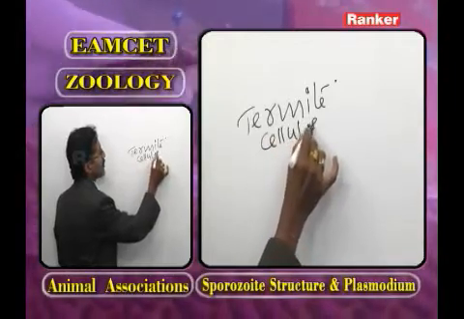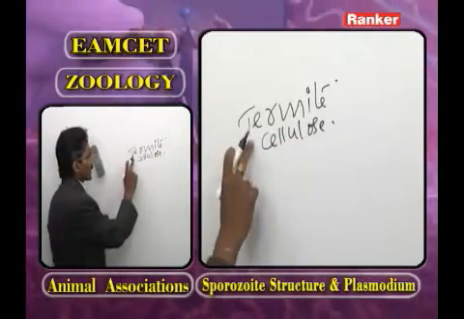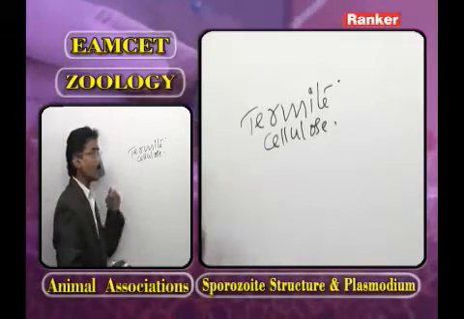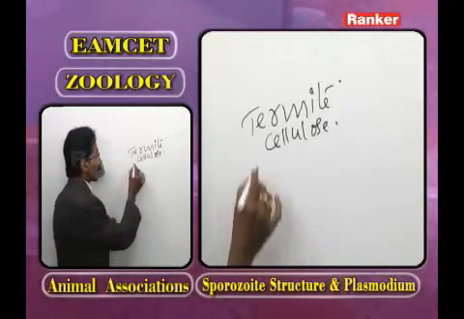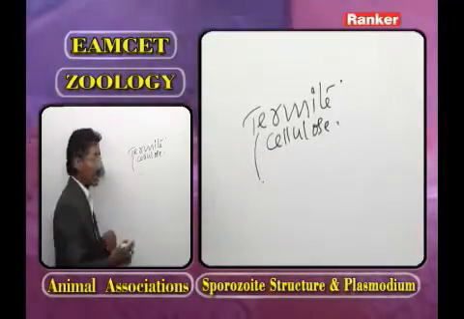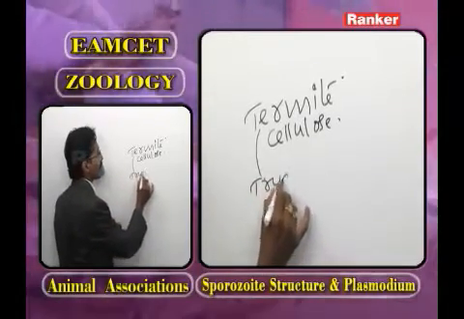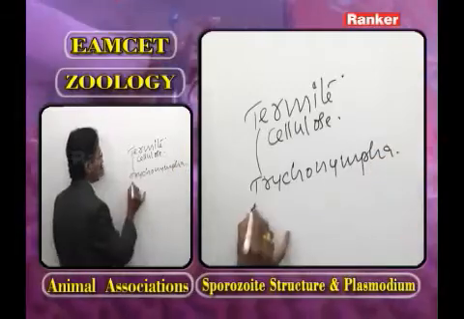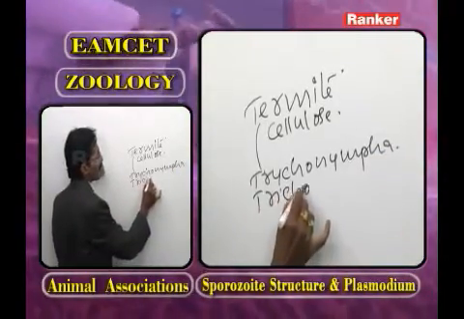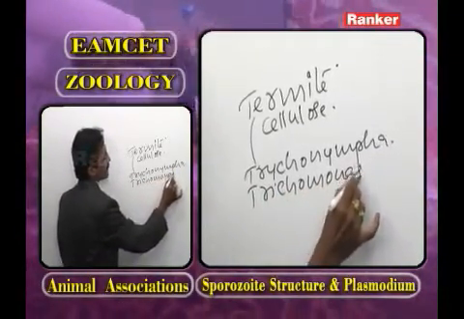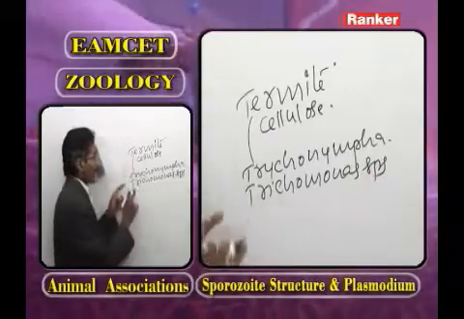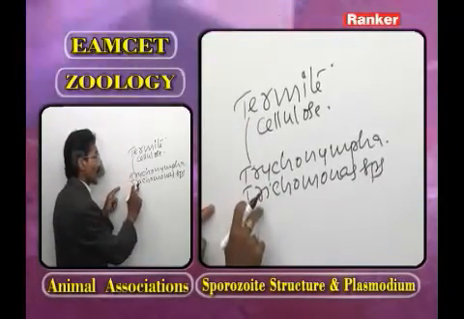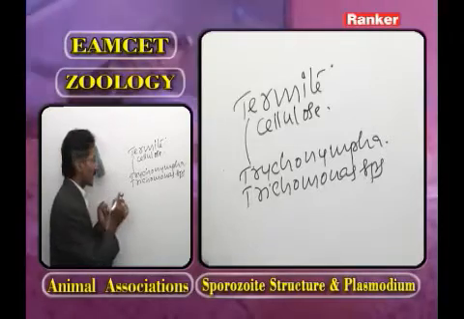What is the food material of termite? That is cellulose. In the termite body, there is no cellulase enzyme. It is unable to digest the cellulose. But in the alimentary canal of termite, Trichonympha as well as Trichomonas species are present.